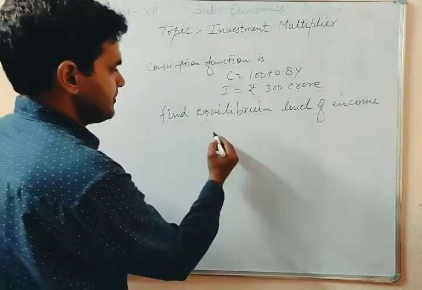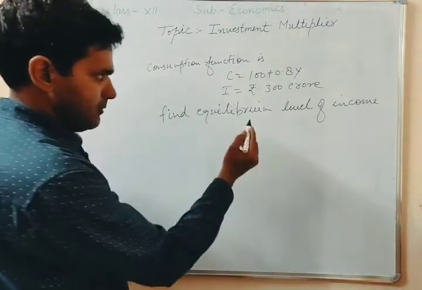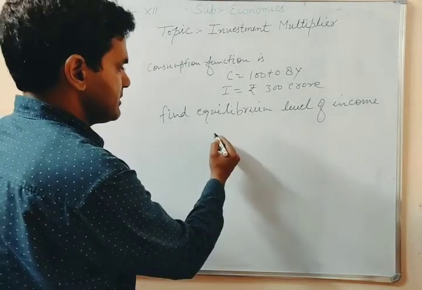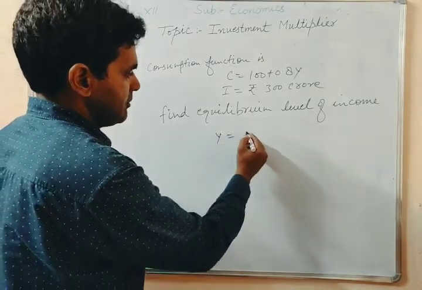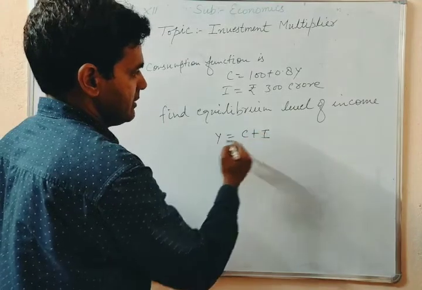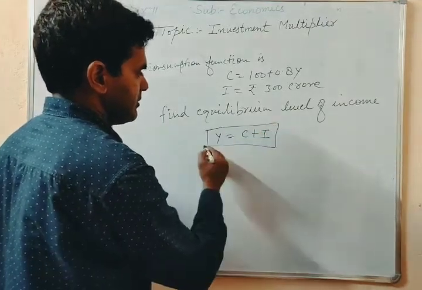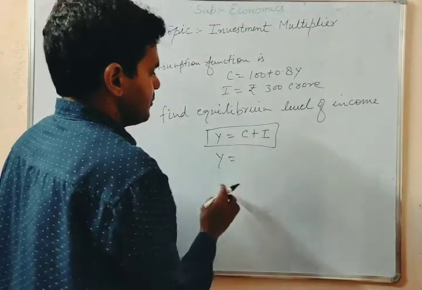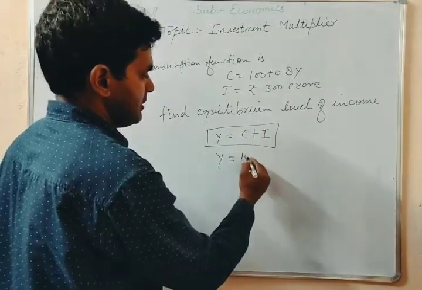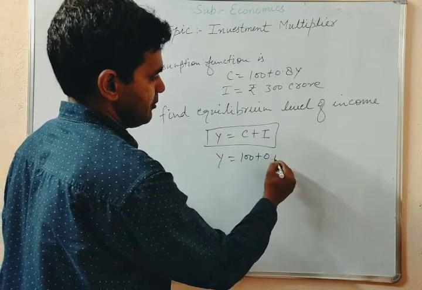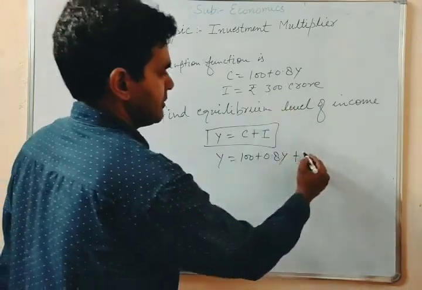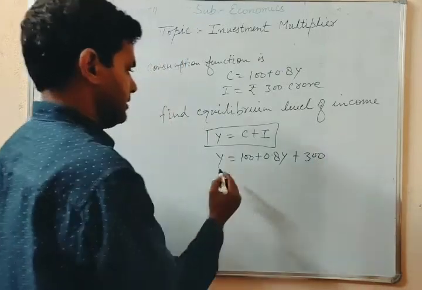We know that Y is equal to C plus I. This is the equilibrium condition, you know already. So Y is equal to 100 plus 0.8Y, plus I, which is given as 300.